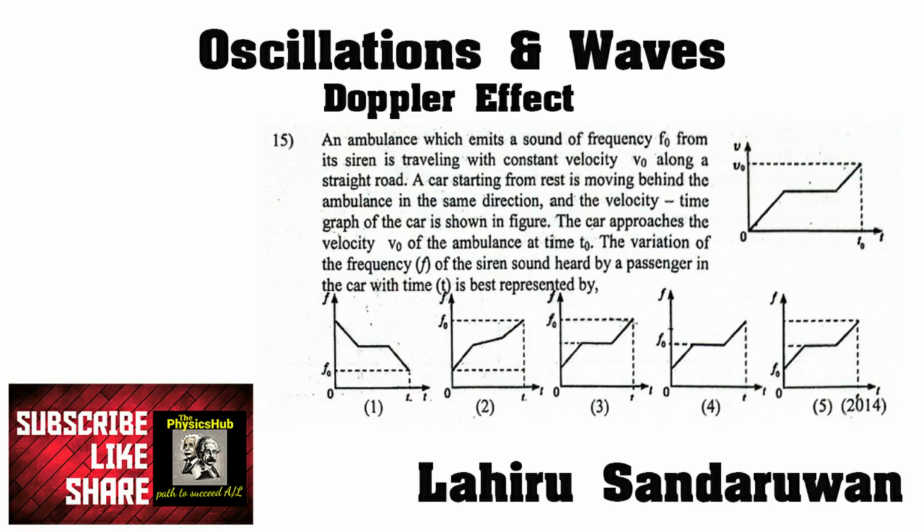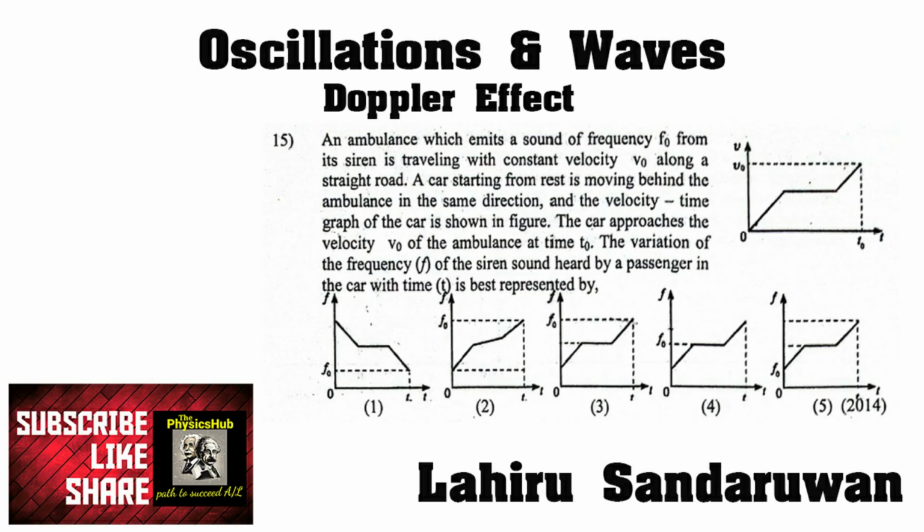Number 5. An ambulance which emits a sound of frequency F0 from its siren is traveling with constant velocity V0 along a straight road. A car starting from rest is moving behind the ambulance in the same direction, and the velocity-time graph of the car is shown in the figure.